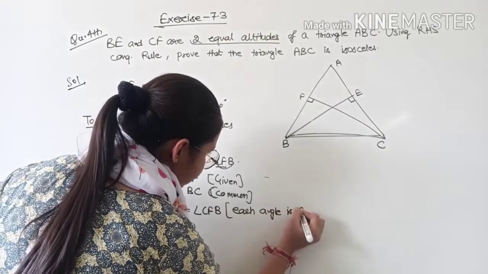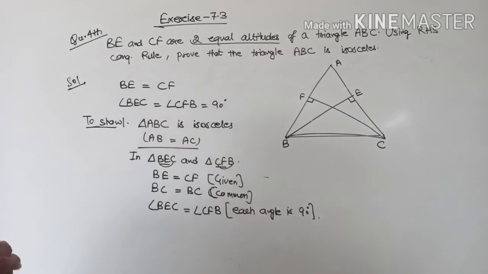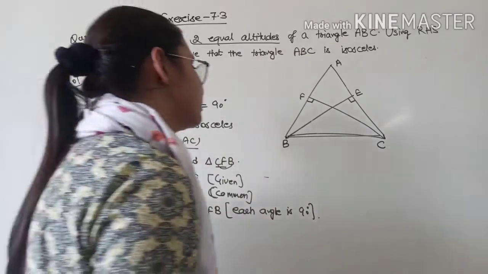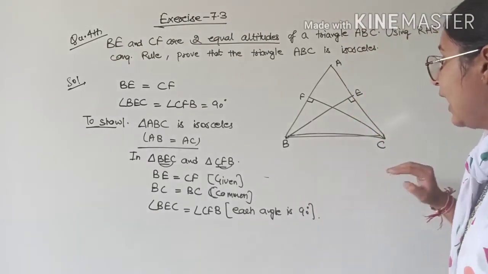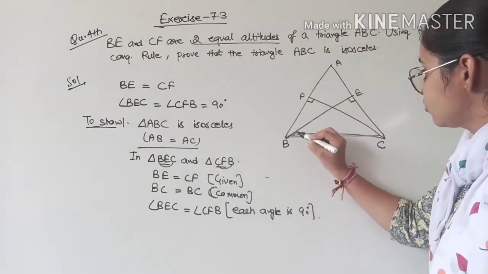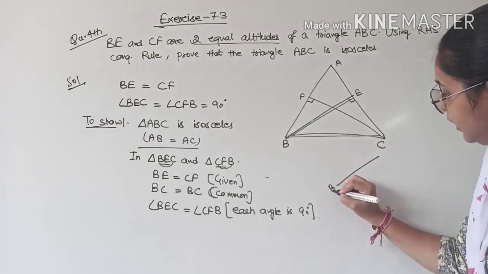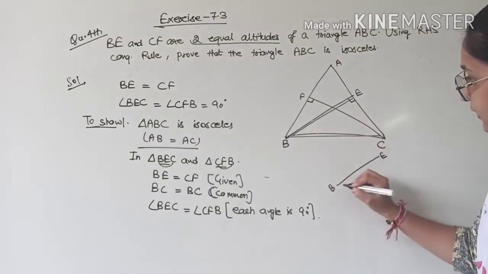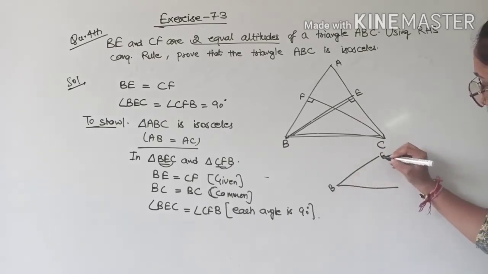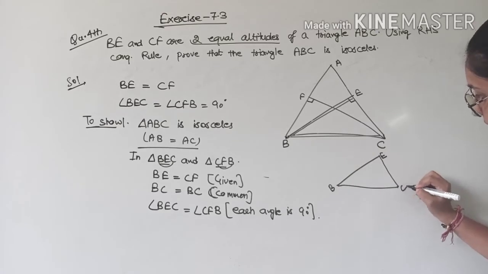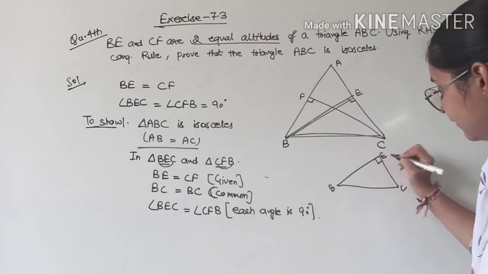This is the reason. Now, why am I taking these two triangles? First of all, I have to use RHS rule only. If I take this triangle, this is B, this is E, this is C. I am taking BEC, this is the right angle.